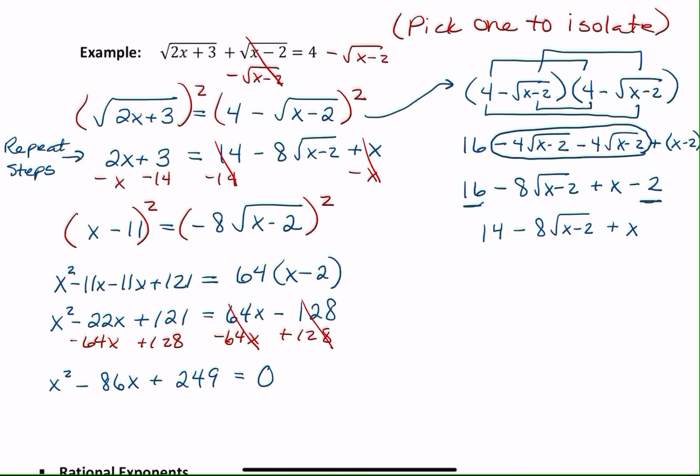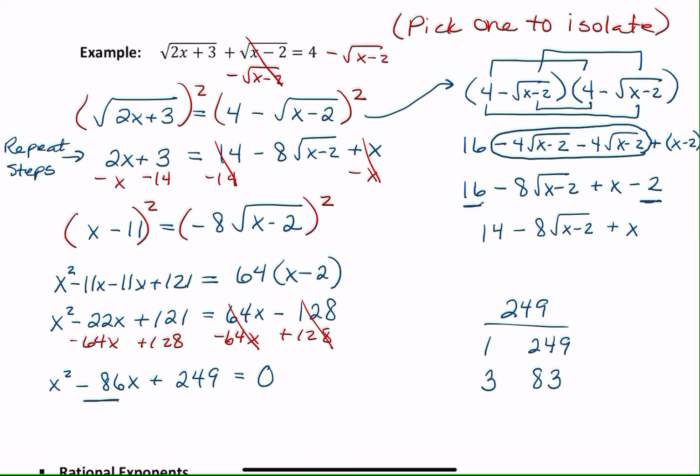Now if you factor this, it looks kind of nasty, but if you take the factors of 249, 1 times 249 is not going to give you the negative 86. 2 won't go in it, but 3 will go into 249 83 times.